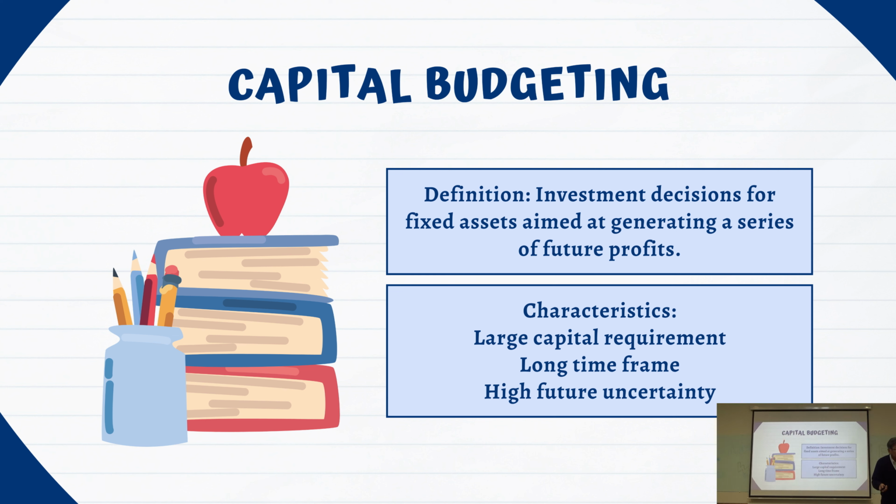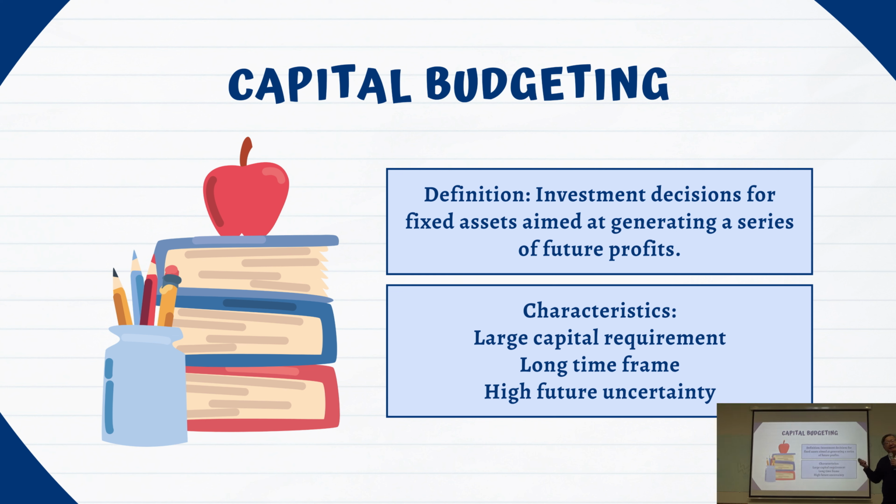We buy equipment, we build the plant, we buy the land, so they can run the business and sell products and services to their customers. Once they make this long-term investment, they make profit in the future. Usually this kind of investment lasts a long period of time. This kind of investment is what we call capital budgeting.